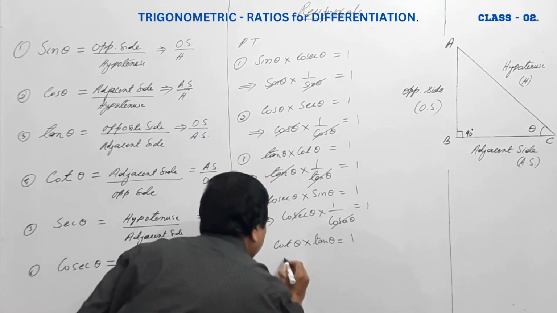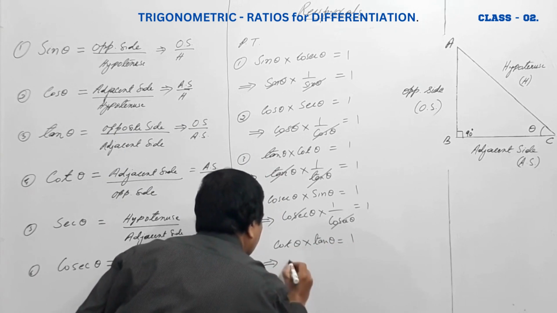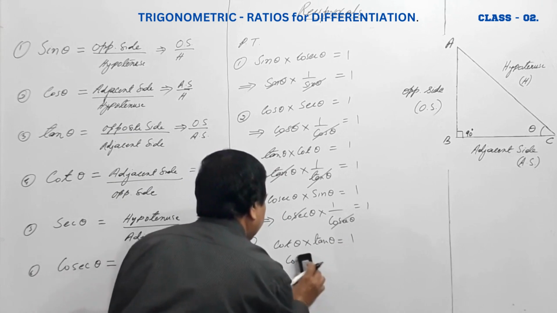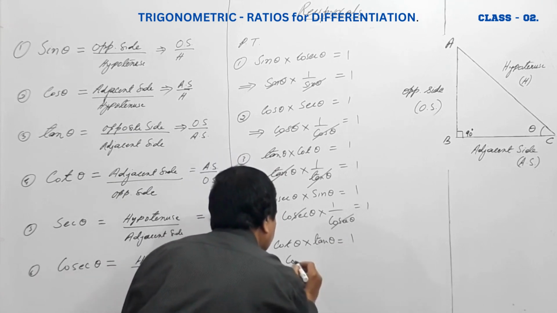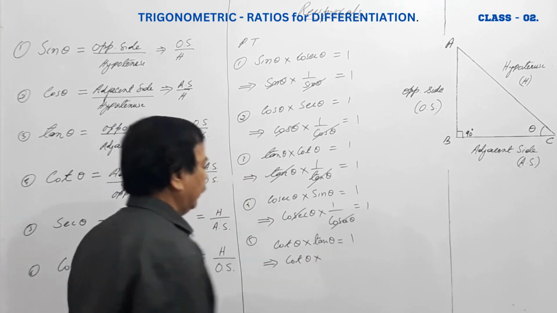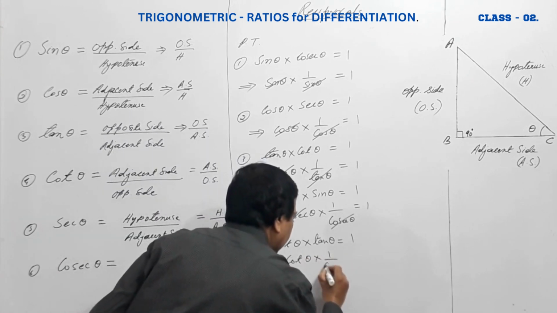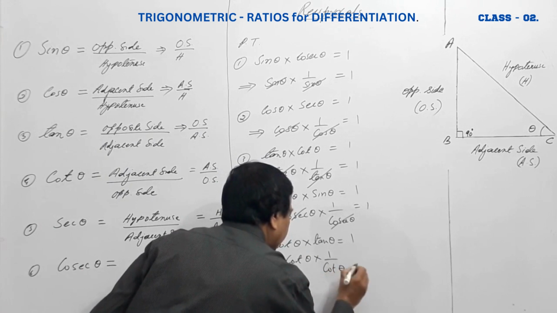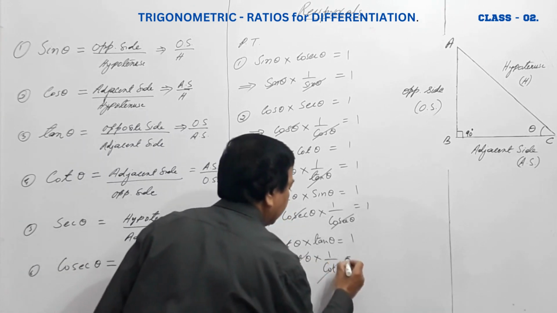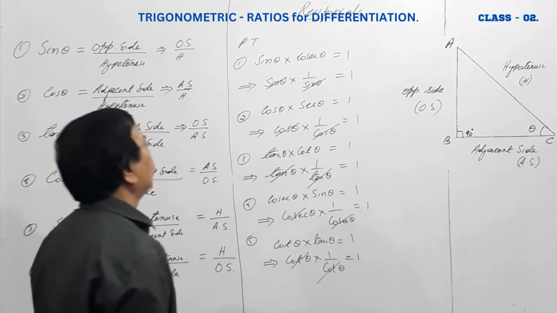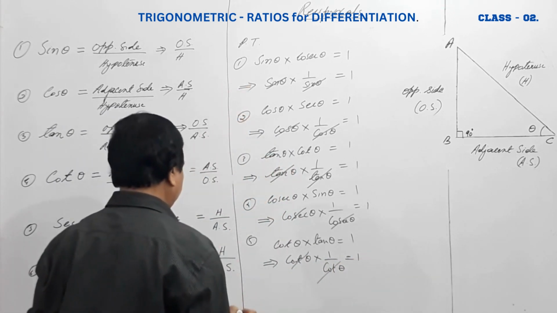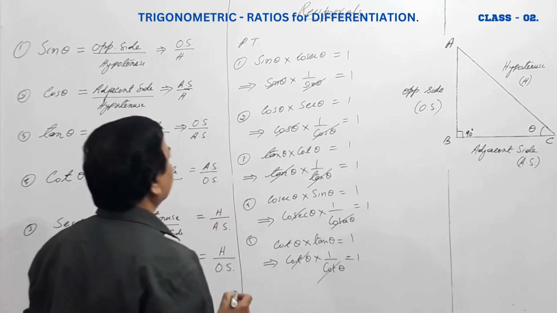So that is cot theta into, what is tan? Tan is 1 by cot. 1 by cot theta. So cot theta cancels. This is again 1. So sine, cos, and now lastly we have secant theta.